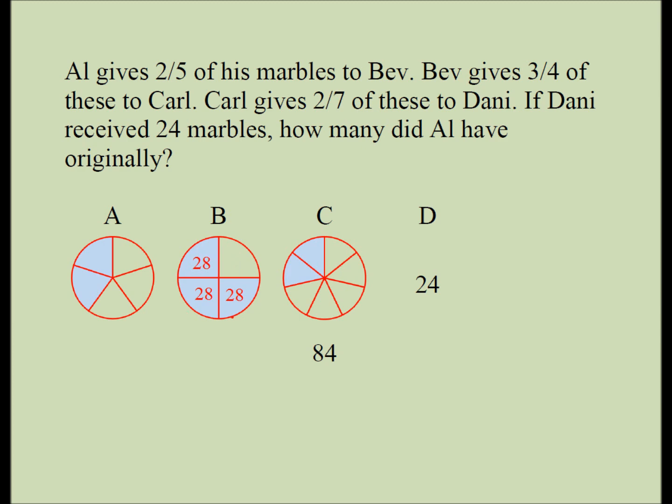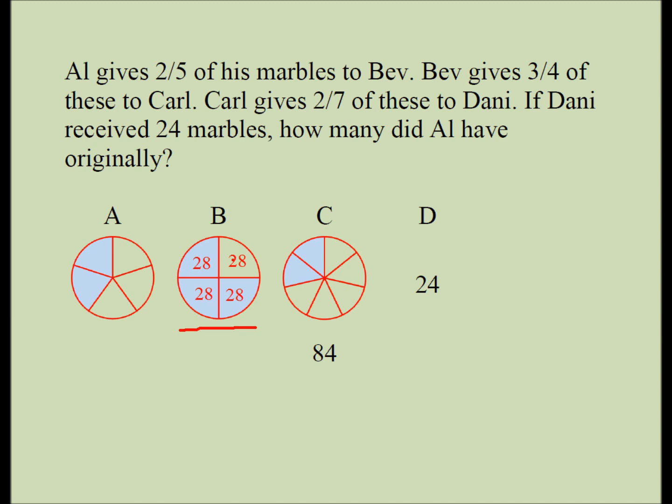If Bev gives 3/4 to Carl, and Carl got 84, these 3 slivers should add up to 84, and each should be 84 divided by 3. That tells me this guy should also be 28.